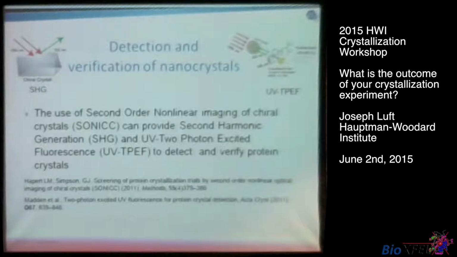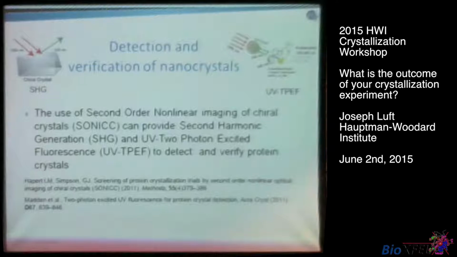And the other thing that you can use is a technique called UV two-photon excited fluorescence. And that won't tell you anything about the crystallinity of the sample, but it can tell you if the object that you're looking at contains protein. Which is a valuable thing to know, even for detecting and validating whether you have a protein liquid phase forming.